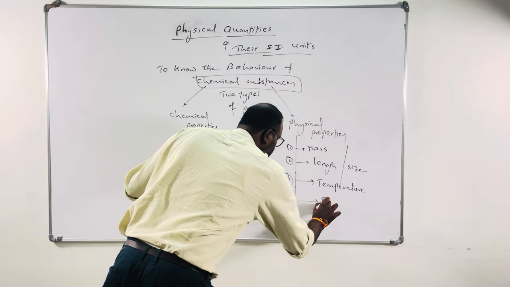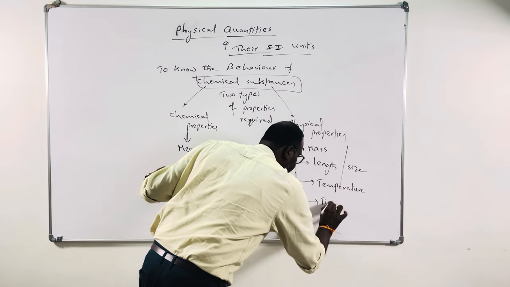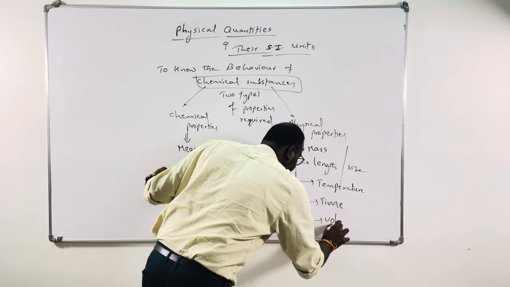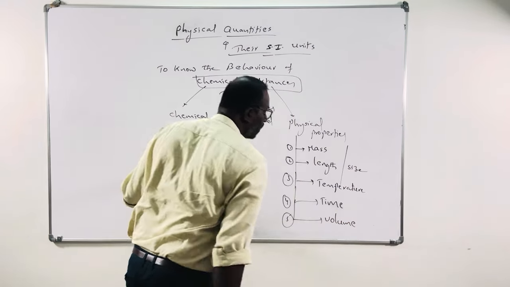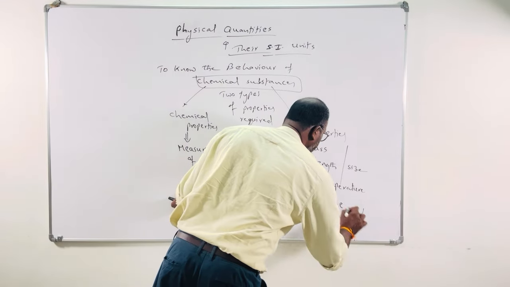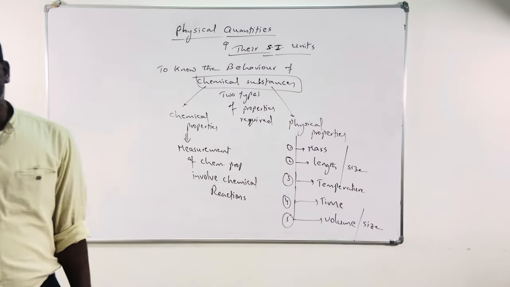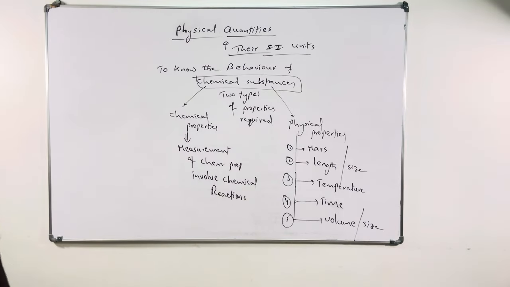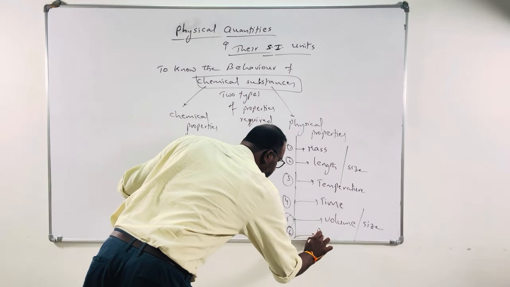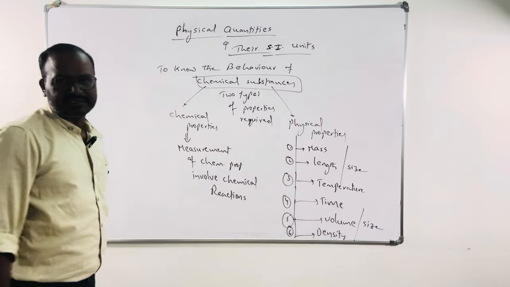Number four, time. Number five, volume. Size here also will come because volume is three-dimensional, length is one-dimensional. So size, volume, time, and density. Sixth one, density. These are the physical properties.